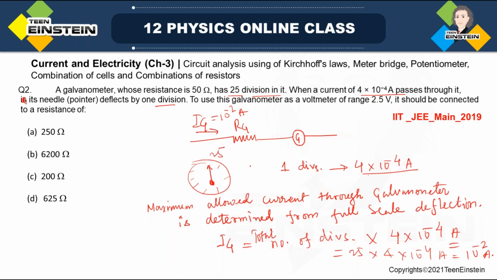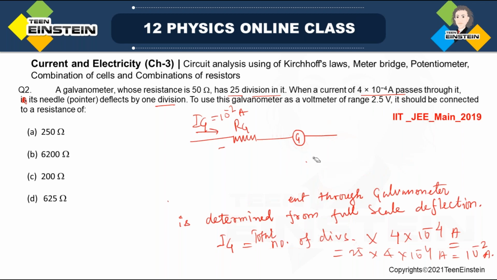So that we have obtained, and first of all we don't know the Rg, the resistance of the galvanometer. Okay, no, we know this galvanometer resistance is given. I'm sorry, it is given in the first line itself, a galvanometer whose resistance is 50 ohm. So Rg is also known.